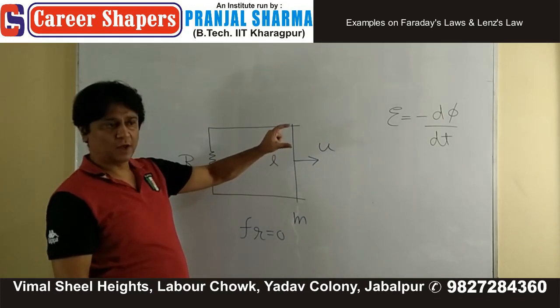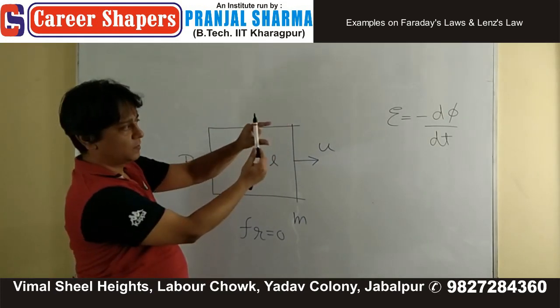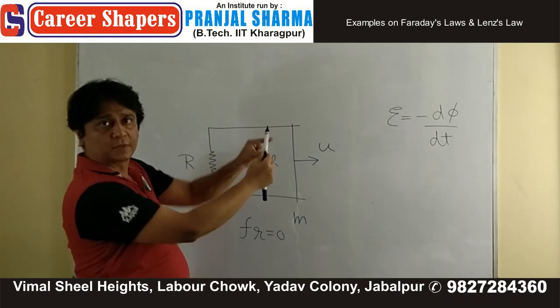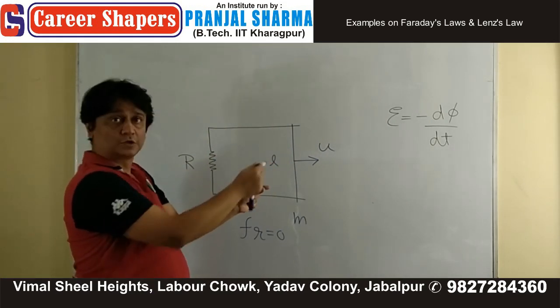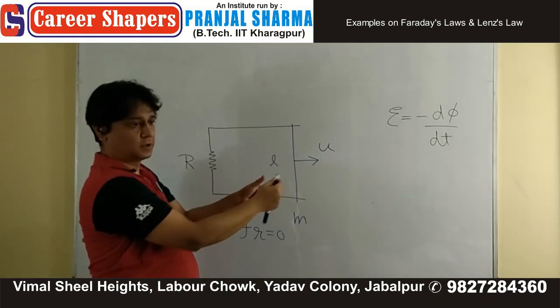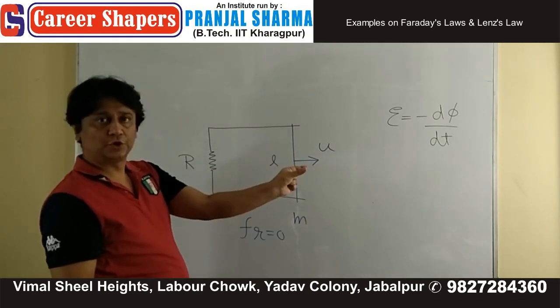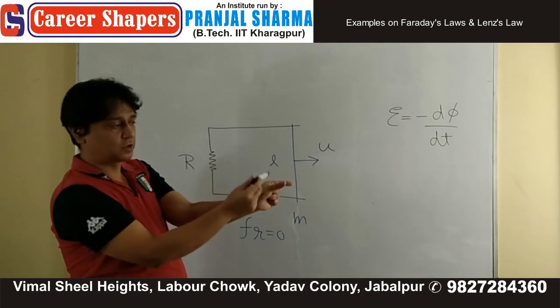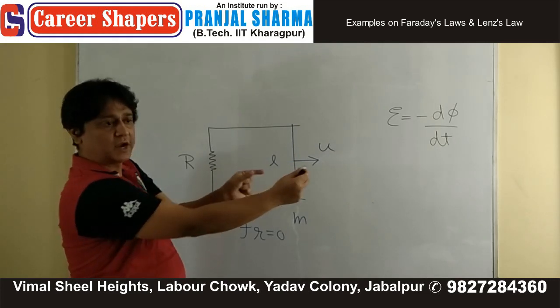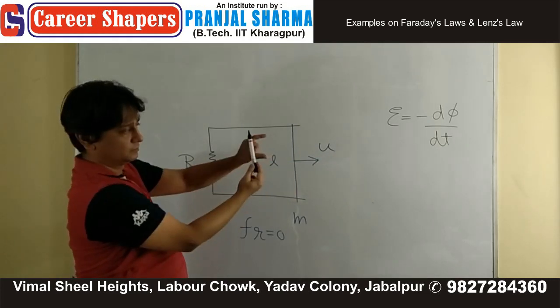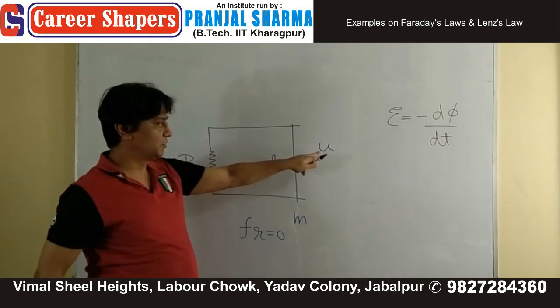This is the U-shaped wire. There is a rod and the rod is sliding in a horizontal plane. So remember, everything is in the horizontal plane. This is your U-shaped wire, that's your rod, and the rod is sliding like this with initial velocity u.